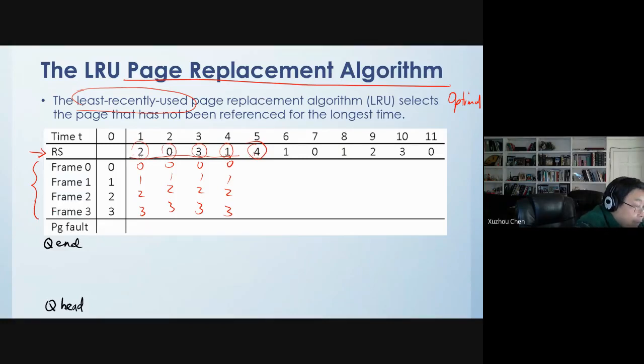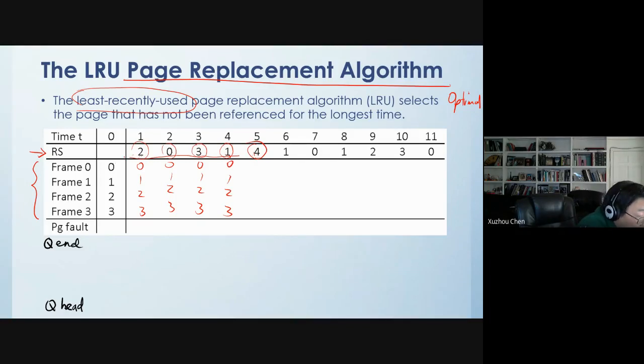That's a simplified version of this algorithm. Currently, page 0 is loaded into frame 0, page 1 is loaded into frame 1, and page 2 is loaded into frame 2. So all the frames are loaded with pages, and the current memory is full.